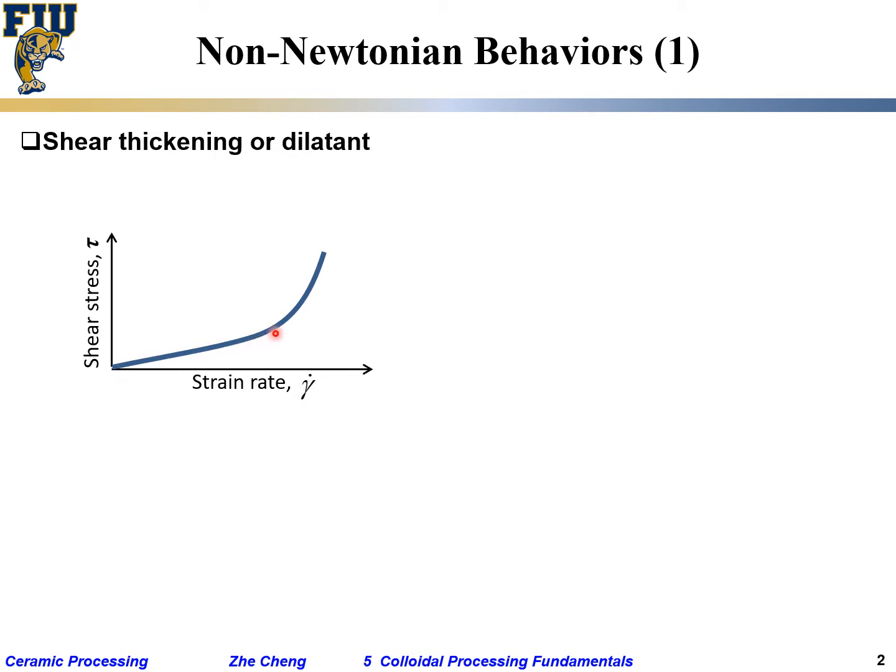If we look at the slope for this curve, initially I have a constant slope. But then the absolute value of the slope starts to increase. So-called viscosity increases with increasing shearing strain rate. That's called thickening, getting thicker.